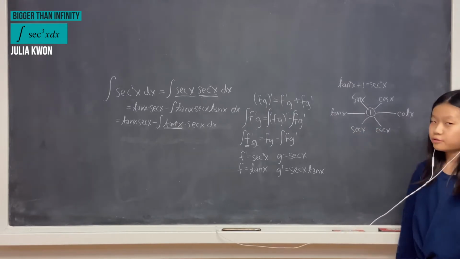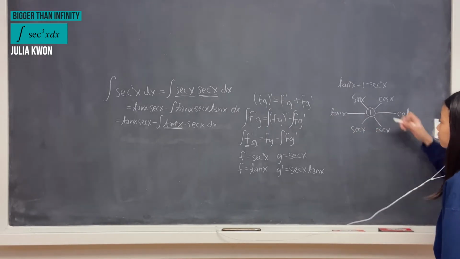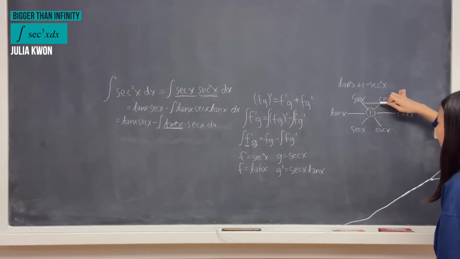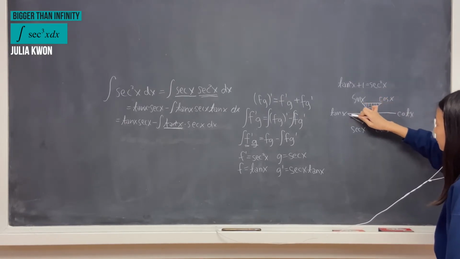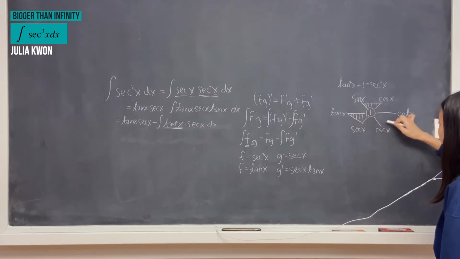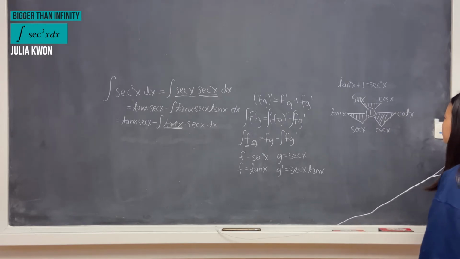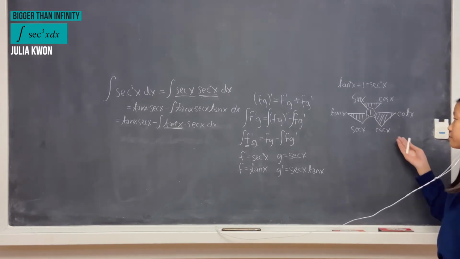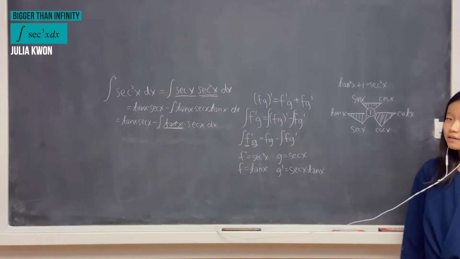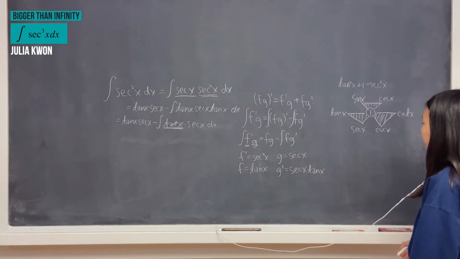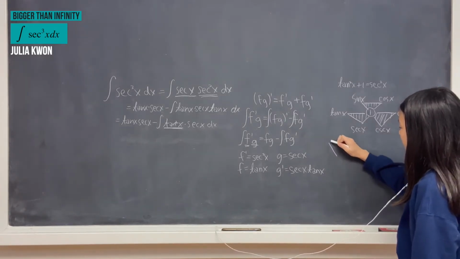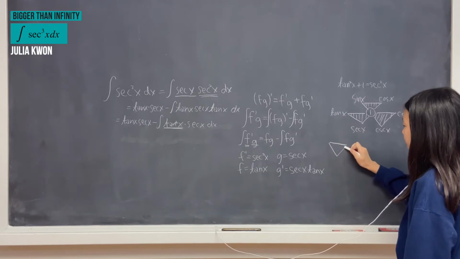So now we'll be able to create 3 different triangles. Here's 1, here's 2, here's 3. So how can we use this diagram to find identities? Well, here's an example triangle.